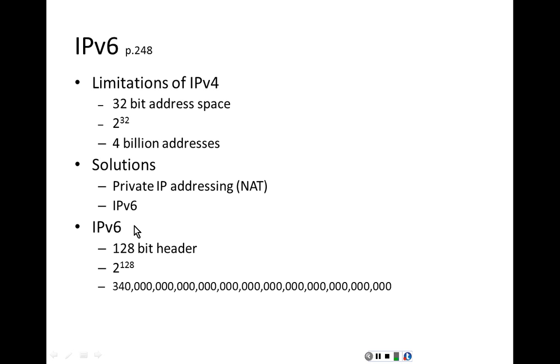IP version 6 has a 128-bit header. If we take 2 to the 128th, that shows us that there are 340 trillion IP addresses available in IP version 6.